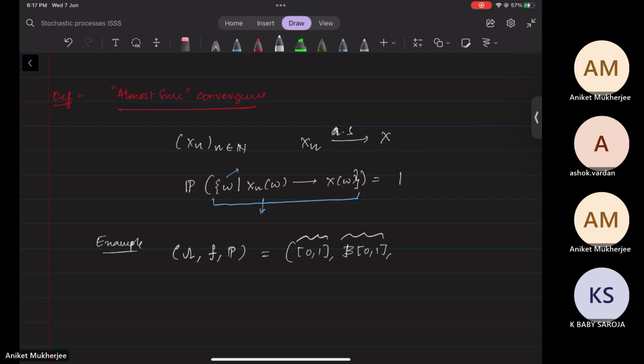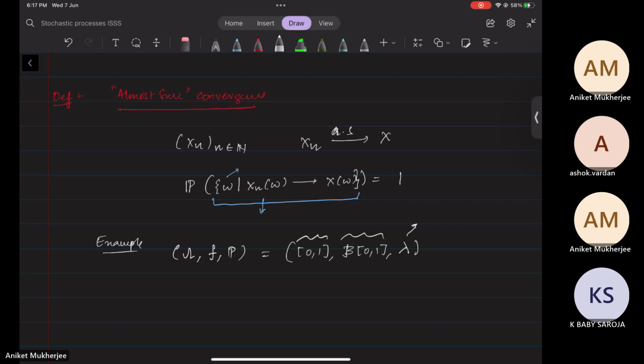It basically contains all the open subsets of this set, and also all the other sets such that this forms a sigma algebra. That whole collection is known as the Borel set. Don't need to go deep into it. And we have the Lebesgue measure, which is just the interval length.